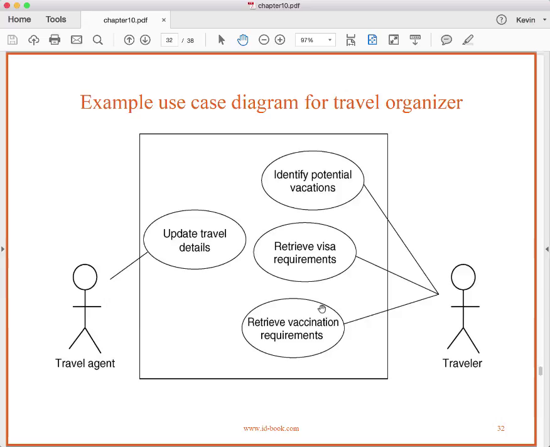Okay. One of the nice things about use cases here is that the use cases are fairly narrow. So we have something like retrieve visa requirements. Well, if we have a web application, how many different web pages is that? Well, maybe 2, right?